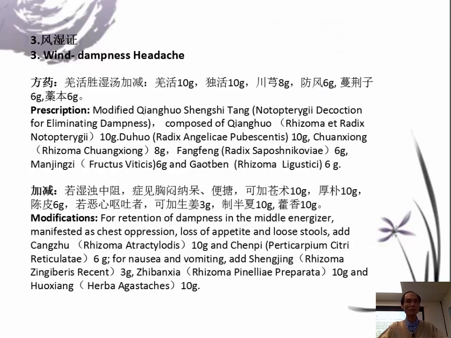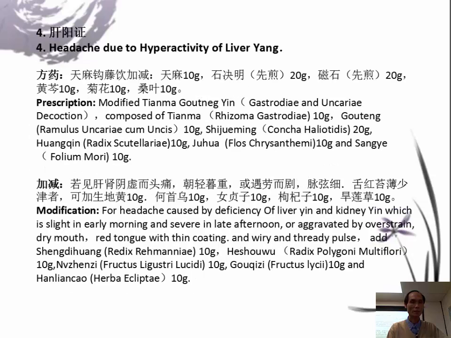So this is the formula. And for dampness, of course, we have a very famous formula called 羌活胜湿汤, which is also able to dissolve or get rid of the dampness inside the body.